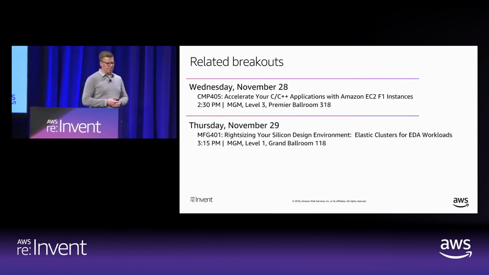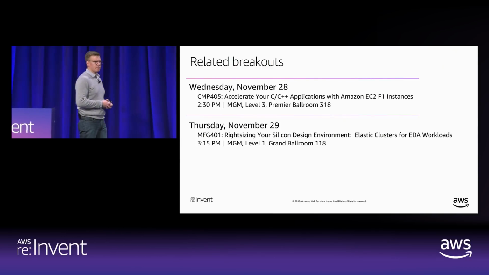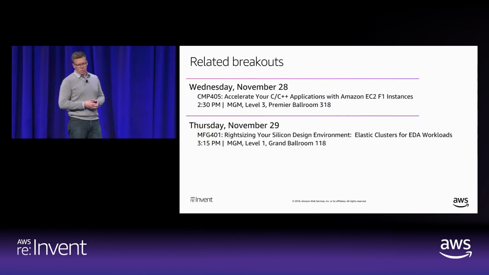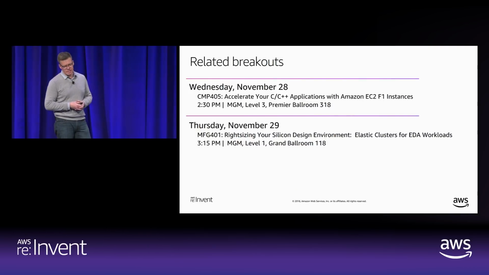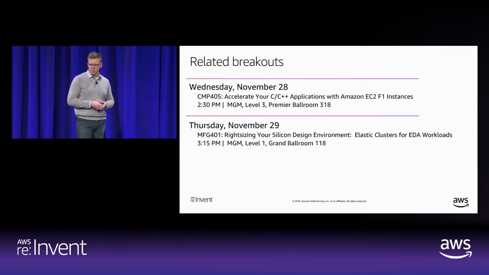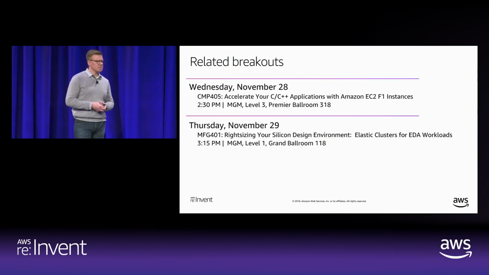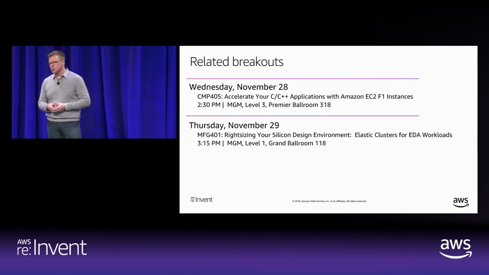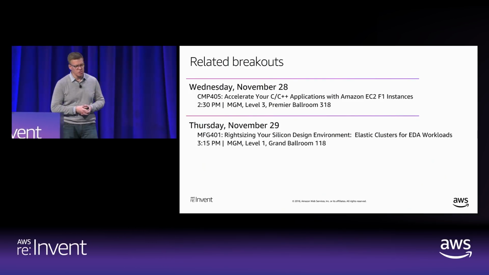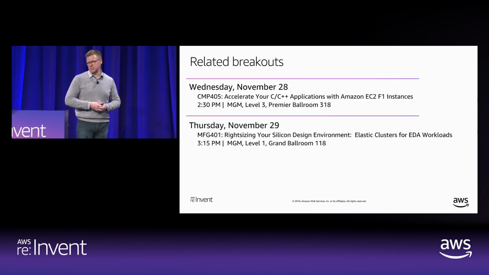So, related breakout sessions for this week. We have CMP 405, Accelerate your C and C++ applications on EC2 F1. This is a 2 hour and 30 minute workshop where you're going to learn how to use the F1 instance.